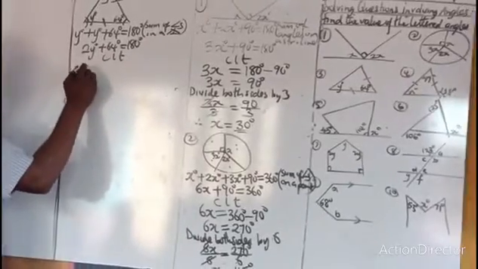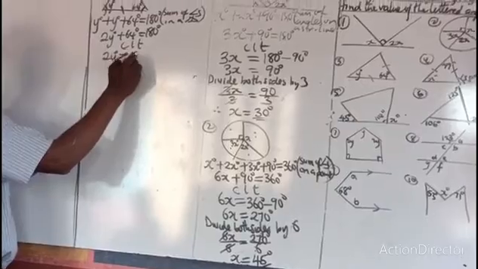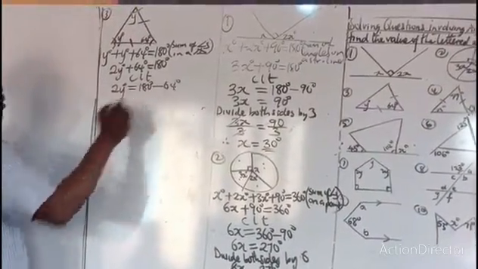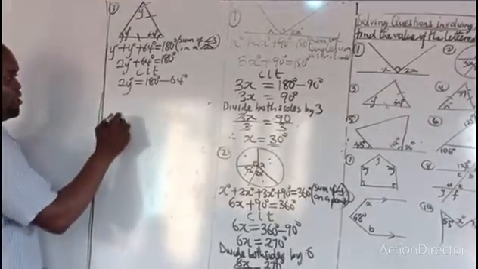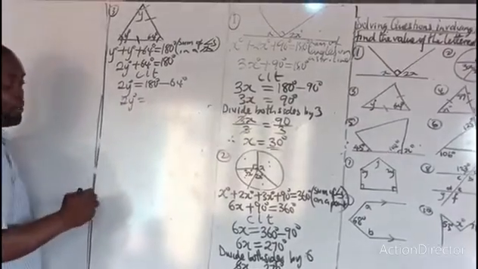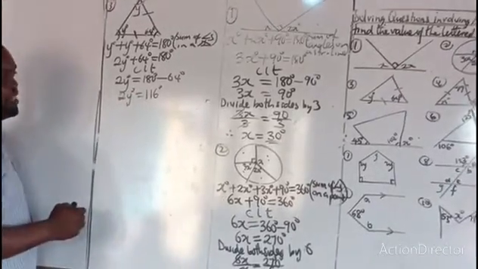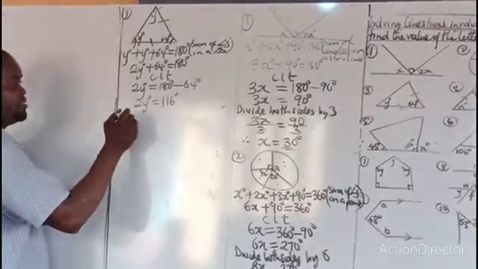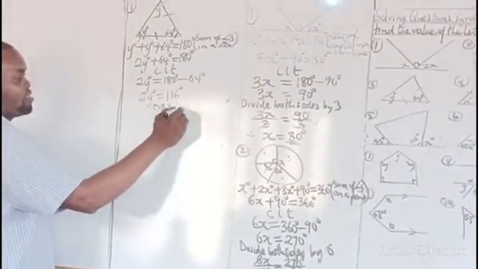So we have what? 2y equals to what? 180 degrees minus 64 degrees. Right? 2y degree equals 180 degree minus 64 degree. What are we going to get? 116. Am I correct? Is that all? What do we do next? Divide both sides by what? 2.